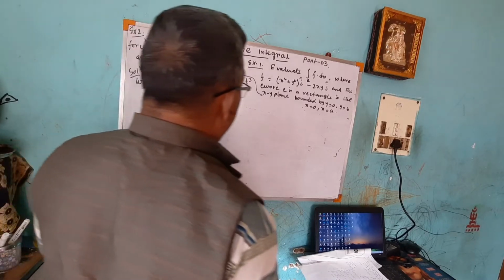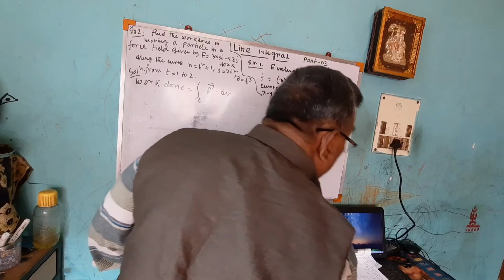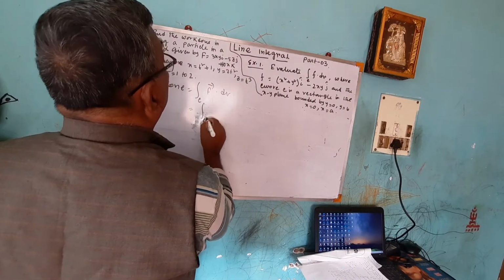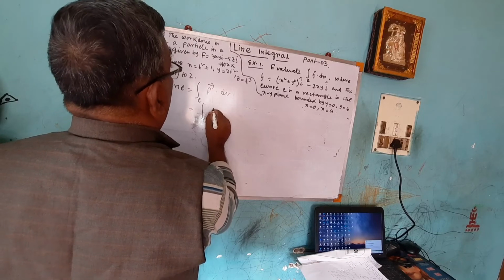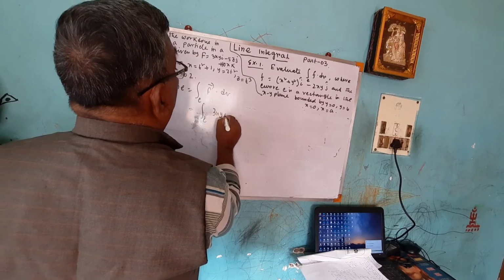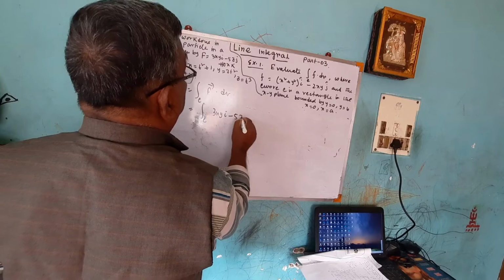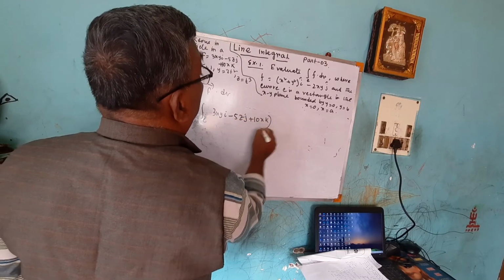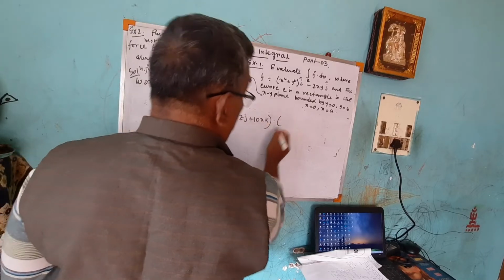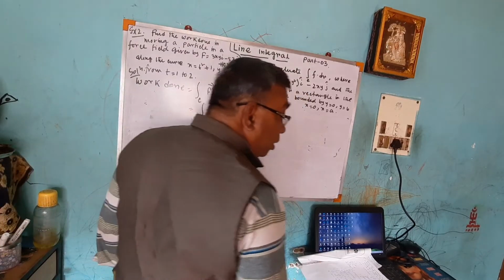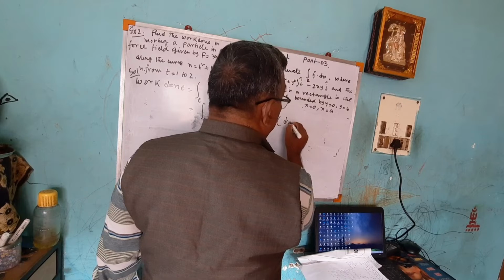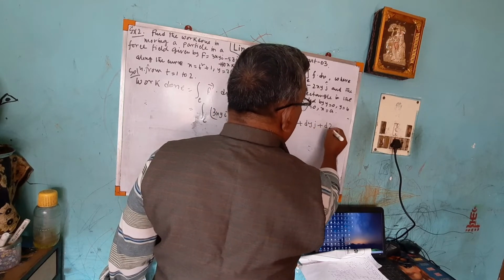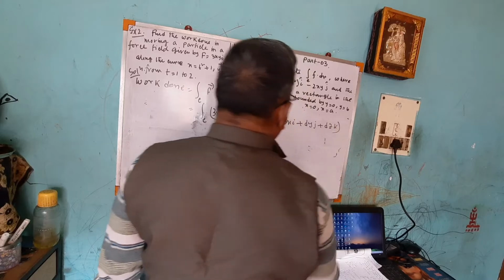So what is F dot dr? Along C, F value is 3xy i minus 5z j plus 10x k, dot dr, where dr is dx i plus dy j plus dz k.